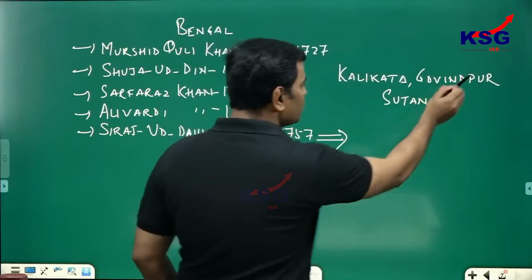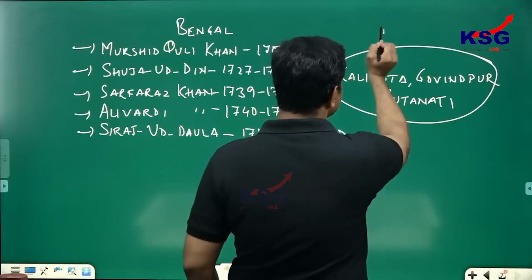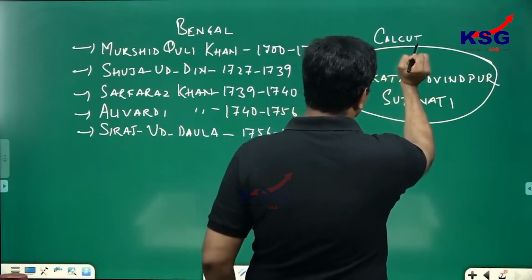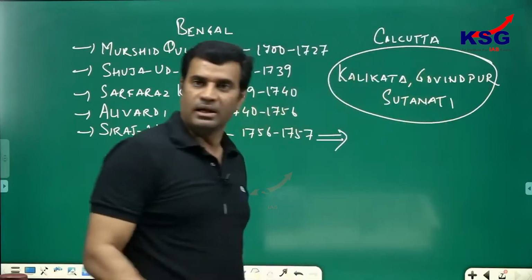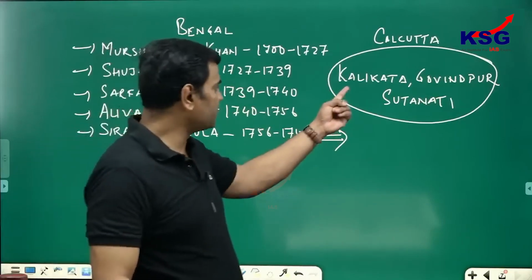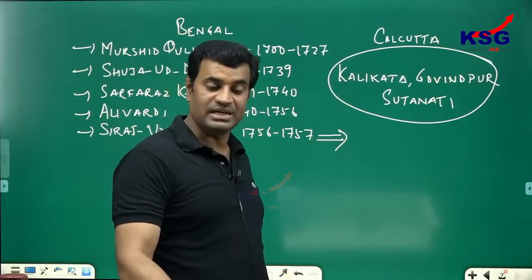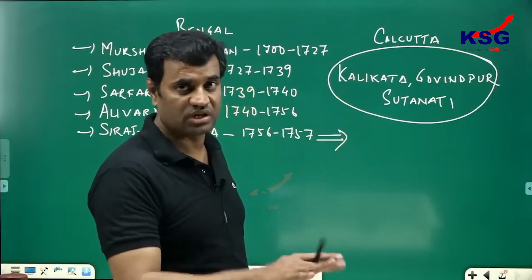Combining all these villages, they established the modern city of Calcutta. The present city of Calcutta has been renamed Kolkata on the basis of the name Kalikata.